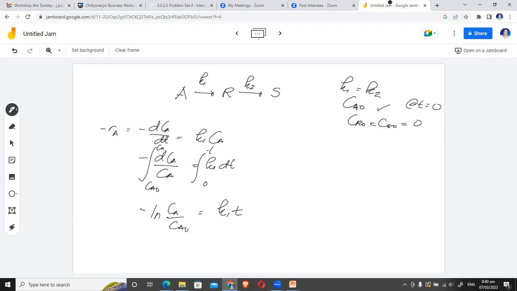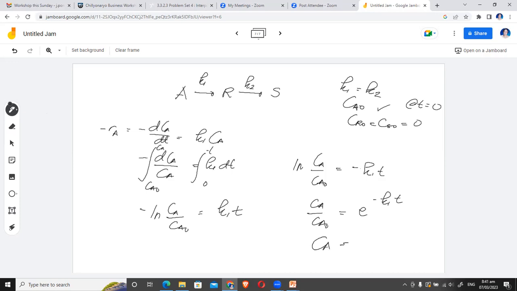So you will raise both sides to e. CA over CA0 is equal to e raised to negative K sub 1 t.